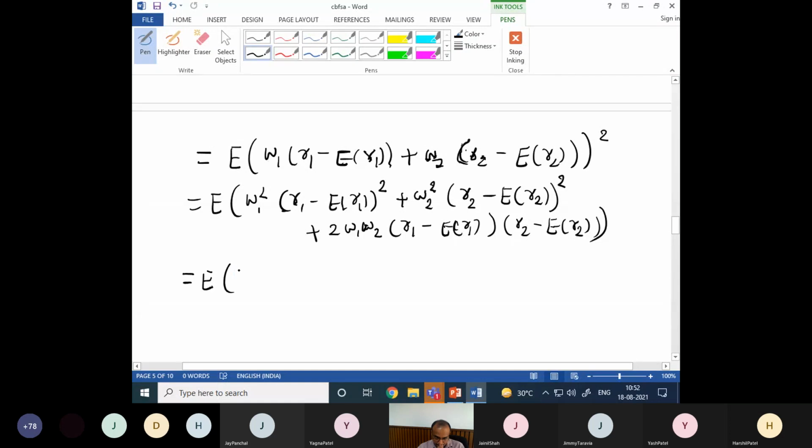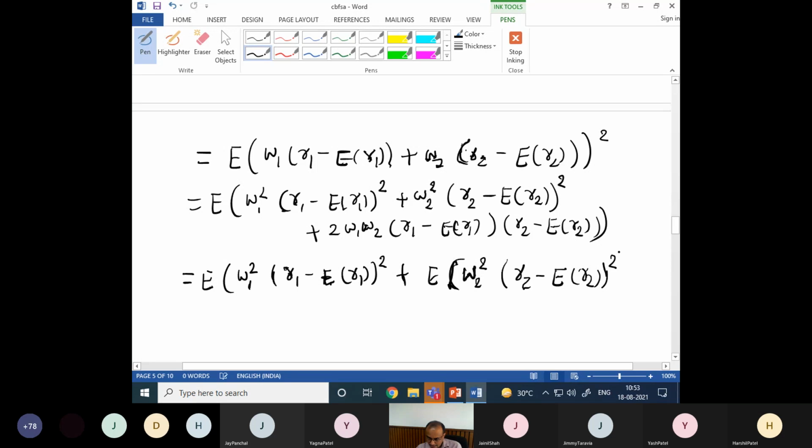So expectation of W1 square into (R1 minus ER1) square, plus expectation of W2 square (R2 minus ER2) whole square, then plus expectation of twice W1 W2 into (R1 minus ER1) and (R2 minus ER2).